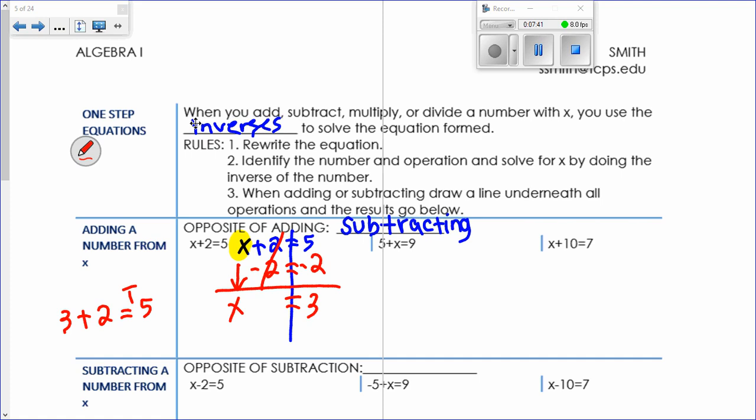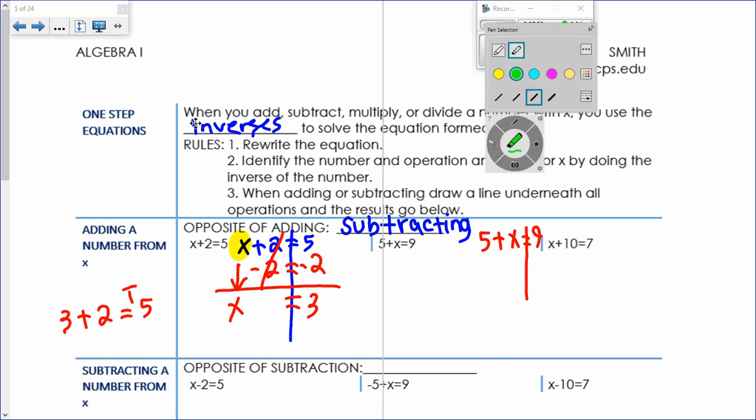Now here, the next one, I'm going to rewrite my problem. 5 plus x equals 9. Draw my line down the middle. And then I'm going to highlight my x term. It's not moving. My variable term. I'm going to subtract 5 on both sides. This goes away. X comes down. Equals 4.